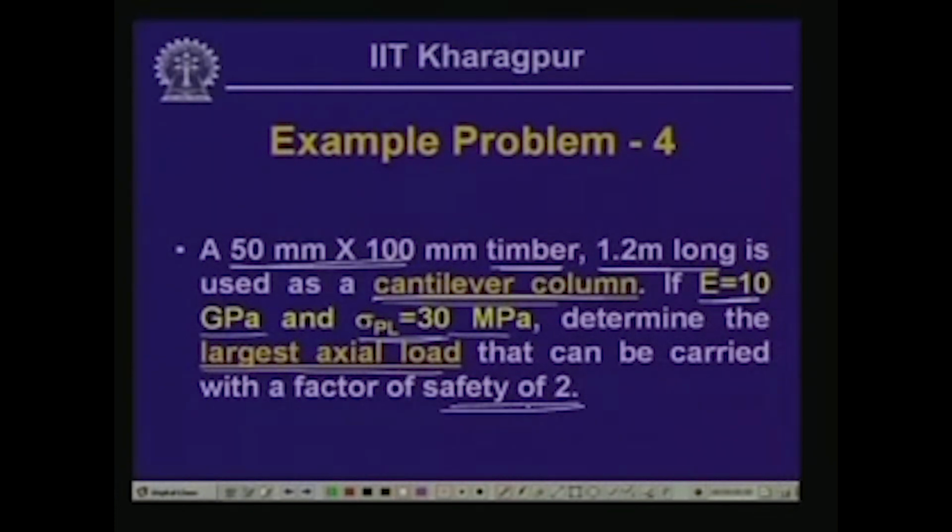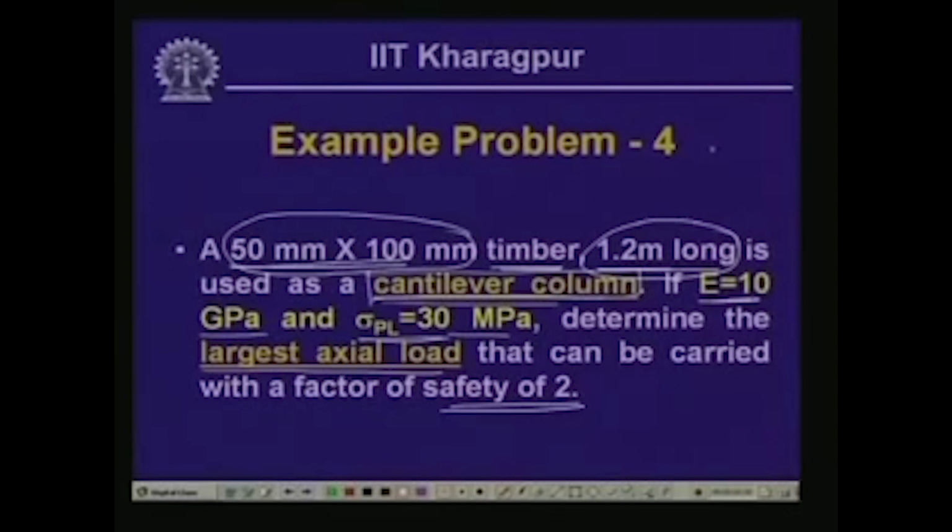Now, the cross section of this member is a rectangular one having size 50 millimeter by 100 millimeter, the length of the member is 1.2 meter and this is a cantilever column.